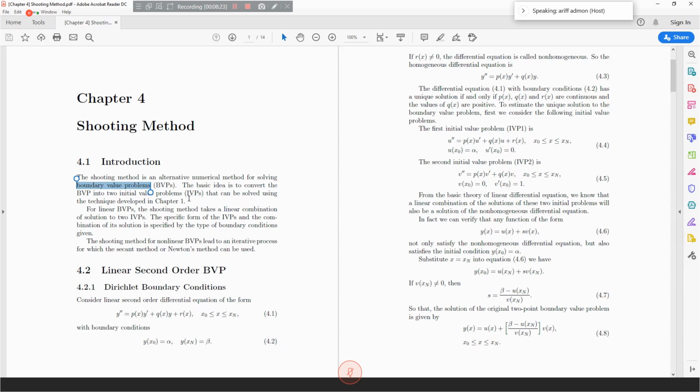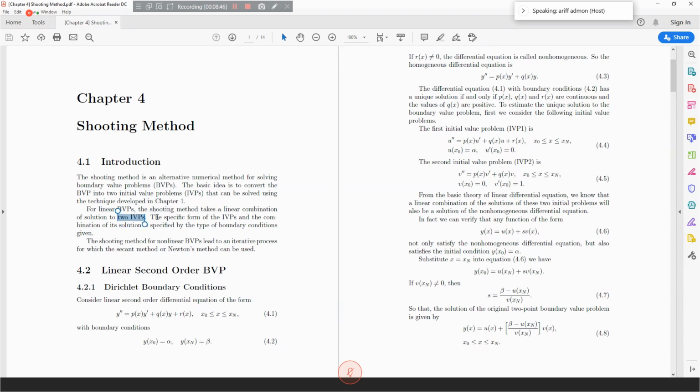For the linear case of boundary value problem, we apply shooting method by introducing 2 different initial value problems.